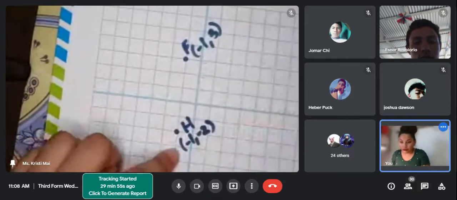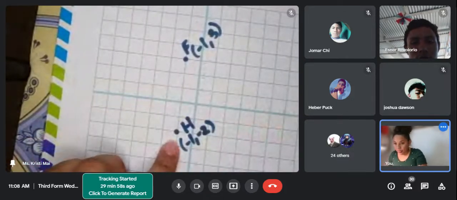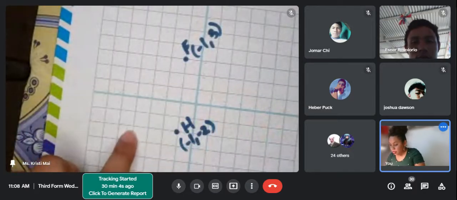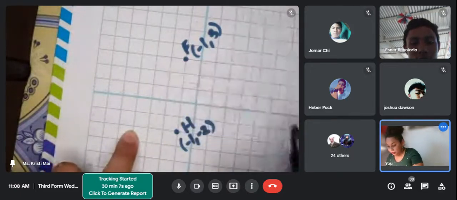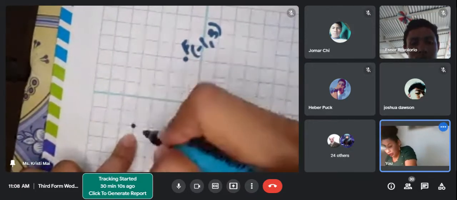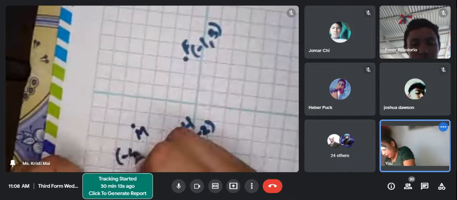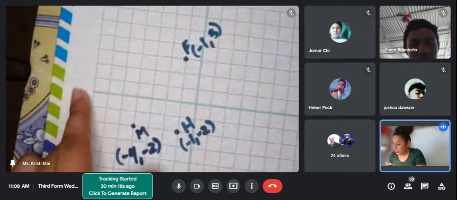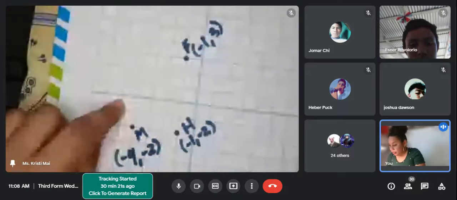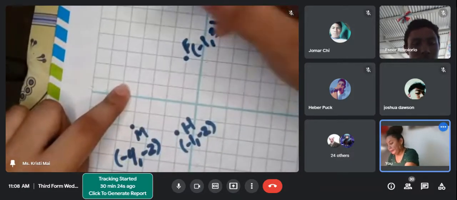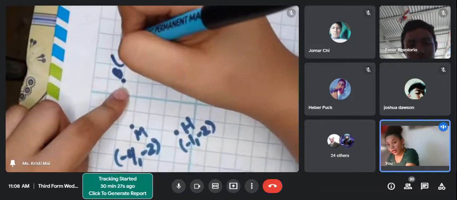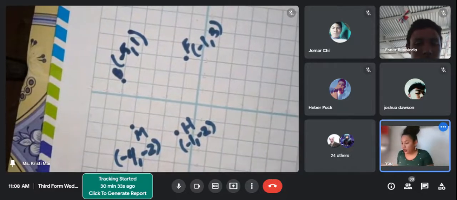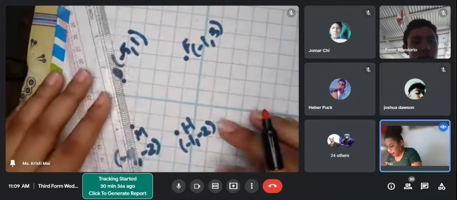This is point H. You have point M, which is negative 4 on the X, and then negative 2. This is M, negative 4, negative 2. And then you have B, which is negative 5 on the X, and 1 on the Y. B, negative 5, 1. Right?